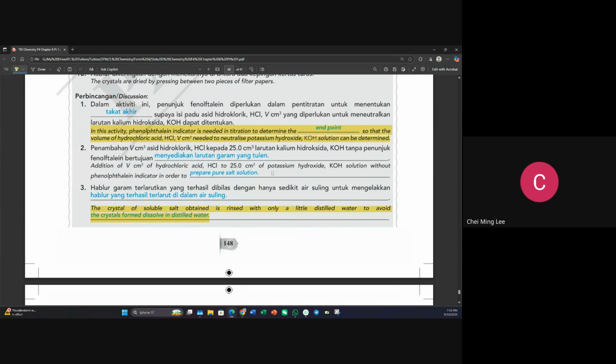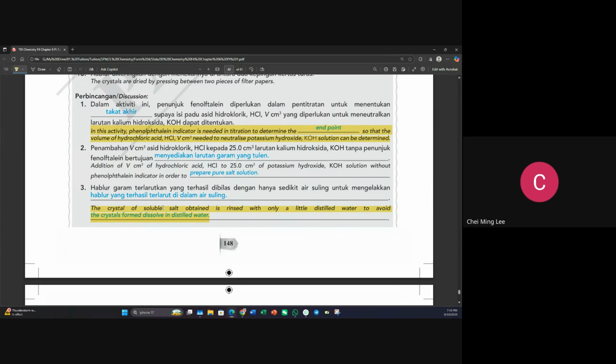Later on, we prepare the other one without the indicator, to prepare the salt solution only. Because when we try to heat it, the phenolphthalein indicator will still remain in the salt crystal. So that's why we need another one. We do the same process again without the phenolphthalein, so that we can get the salt only.